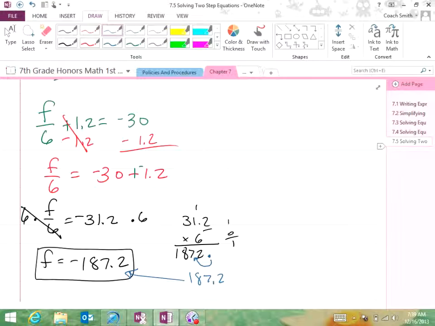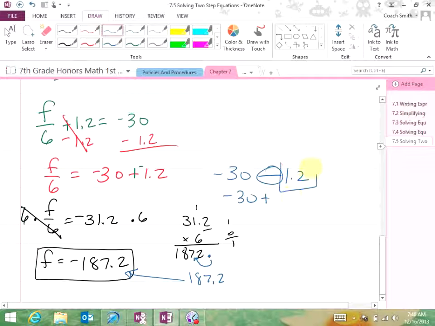Tristan? Why did you turn the 1.2 into the negative on the second part? Same reason as a while ago. This is minus 1.2. You have to change all subtraction to addition. Do the opposite of that, which is negative 1.2.